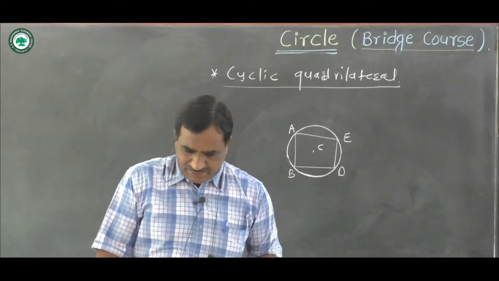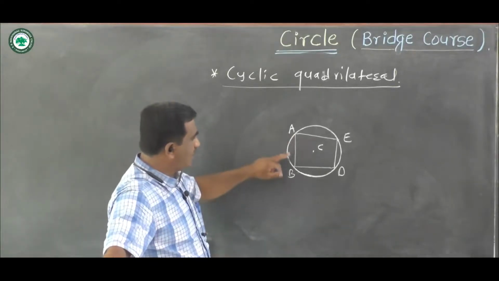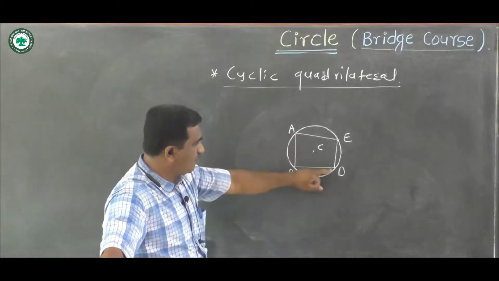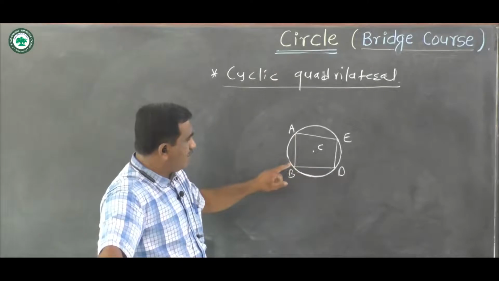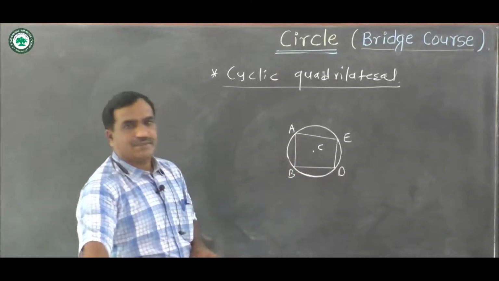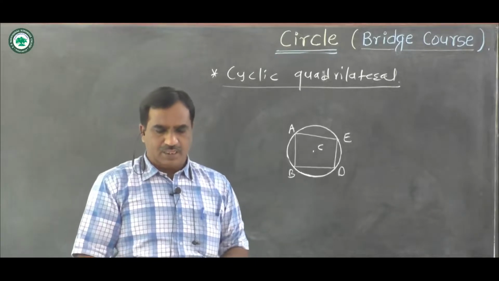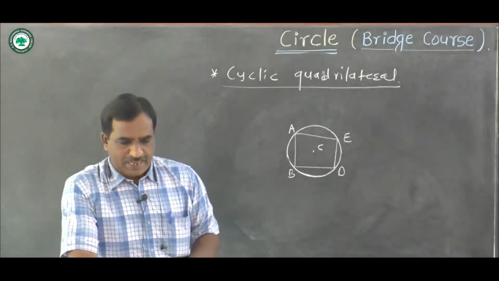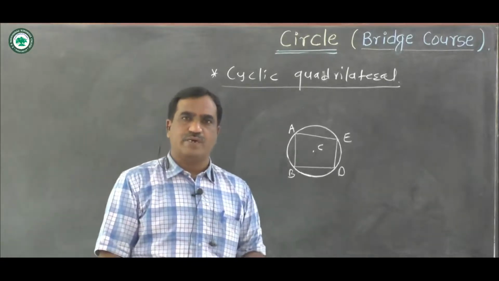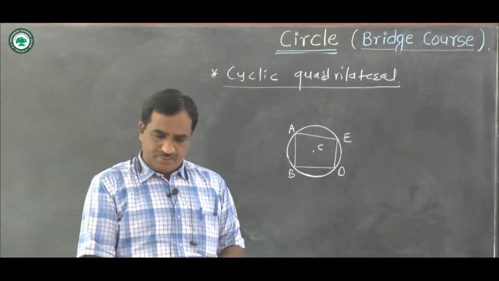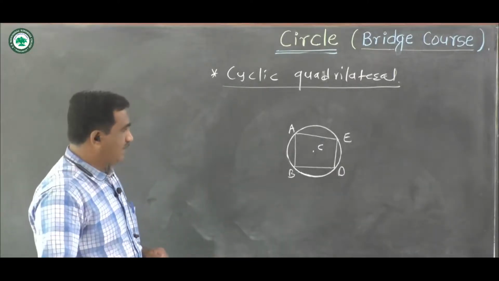And the next property is, if a pair of opposite angles of a quadrilateral are supplementary, then that quadrilateral is a cyclic quadrilateral. Also, one more property is there. An exterior angle of a cyclic quadrilateral is congruent to the interior angle opposite to its adjacent side.